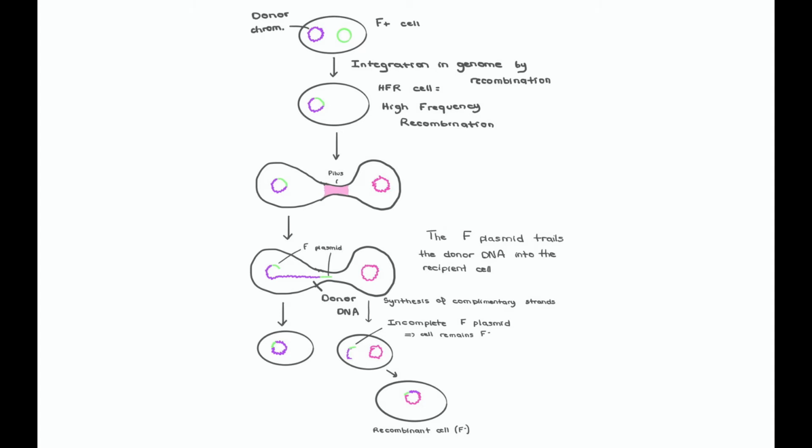We're going to call this cell HFR, so it's going to be HFR F plus. And HFR means high frequency recombination. This basically just has to do with the fact that the plasmid was, through probably homologous recombination, integrated into the genome. So now everything's in the same place, right? The chromosomes and the plasmid are all in the same entity.